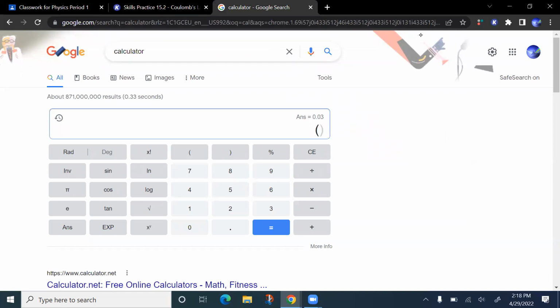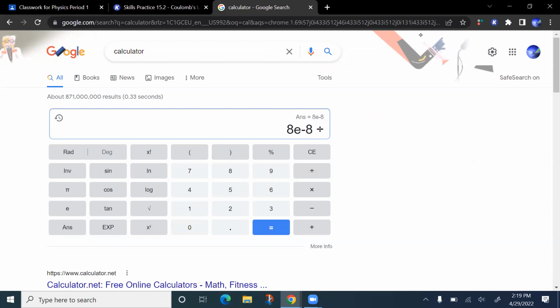Open parentheses, 2 times 10 to the negative 4, close parentheses, squared, times 2. That is the whole numerator of this equation. I'm going to hit equals so I can multiply all that, and I get 8 times 10 to the 8th power so far.